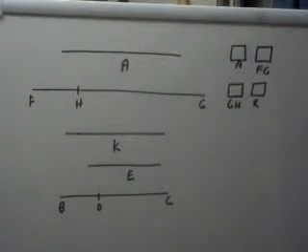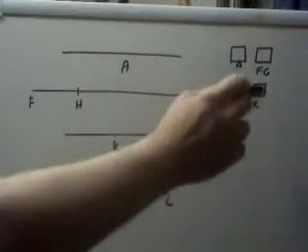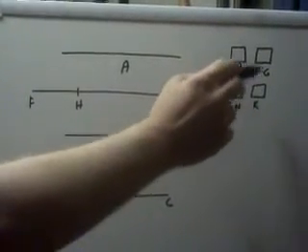Now, let the square on K be that by which the square on FG is greater than the square on GH. What does that mean? Well, if you add the area of this and this together, you get that.